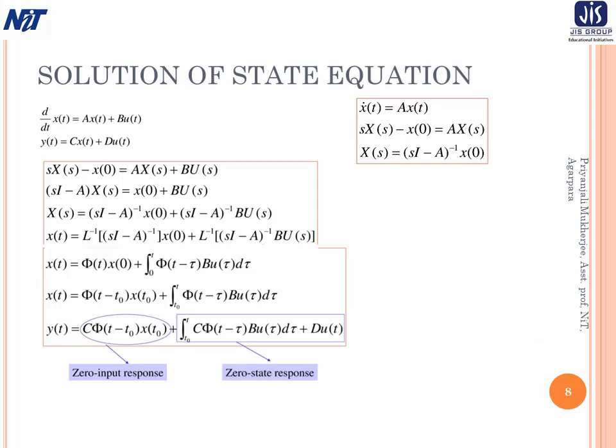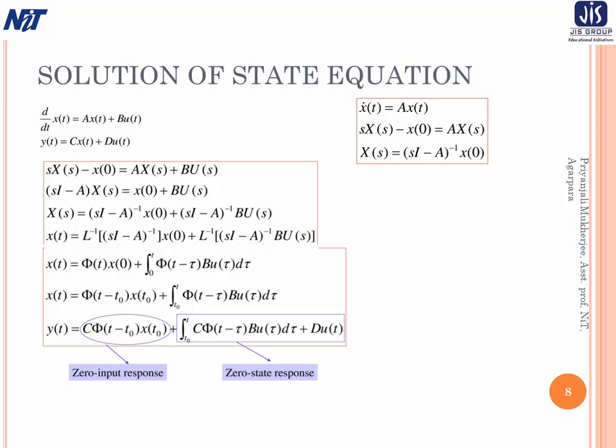Next is the solution of the state equation. Here we will consider the non-homogeneous equation, that means x dot t is equal to Ax(t) plus Bu(t). For this case, after taking the Laplace transform of both sides, we can write sX(s) minus x(0) is equal to AX(s) plus BU(s).